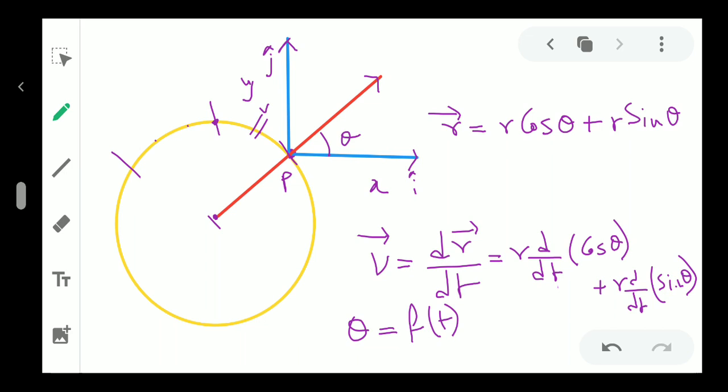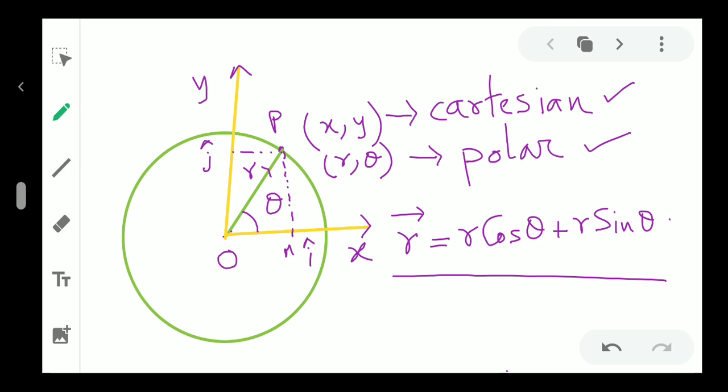When something is moving and theta is changing with time, I can always write that theta is proportional to time, because if time is increasing, theta is increasing accordingly.